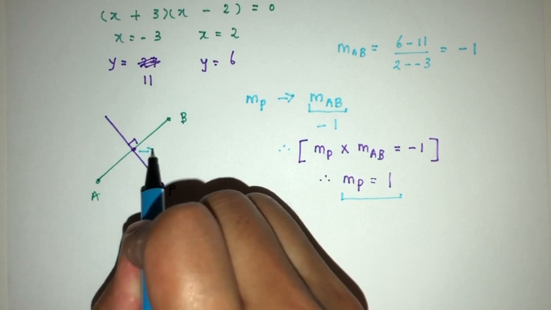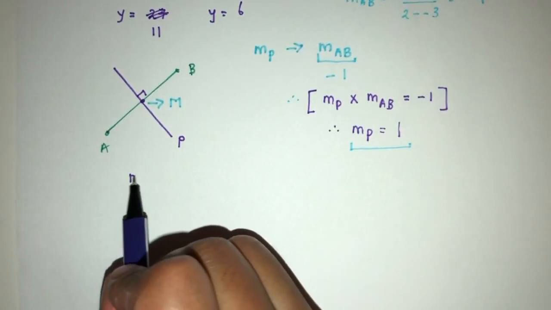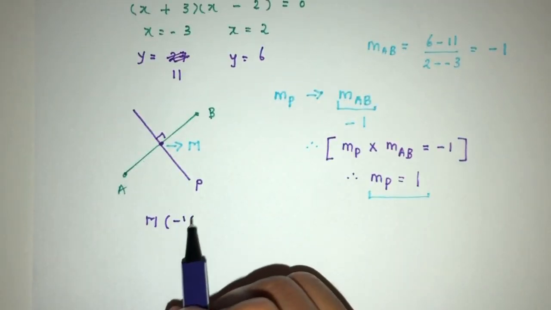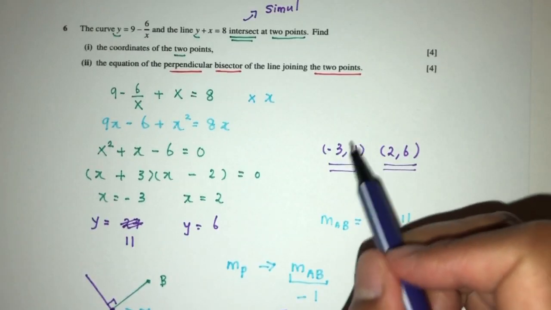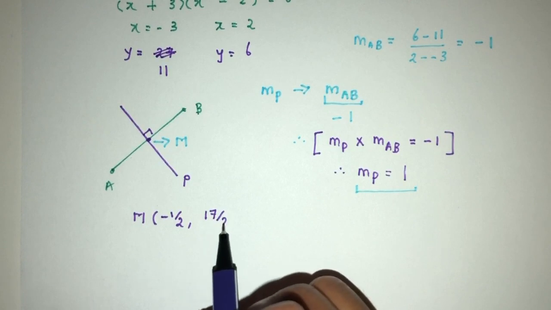Now we have to find the passing point. This passing point is the midpoint of AB. So M is equal to (x1 + x2) over 2, that should be -1 divided by 2, and for y we have 11 + 6, that should be 17 divided by 2.